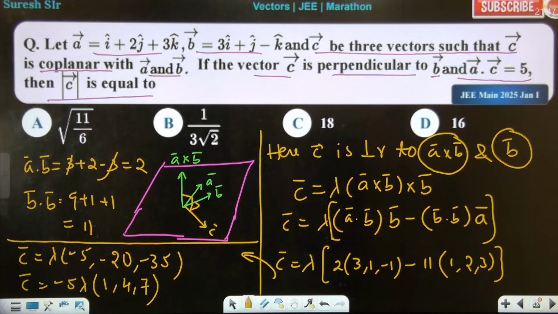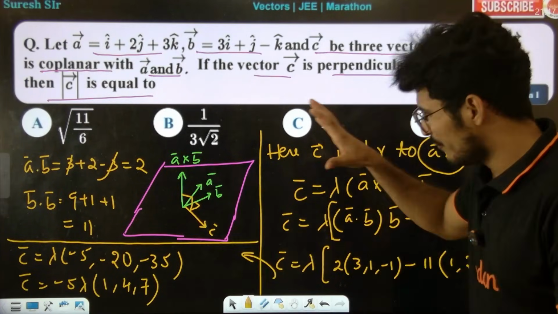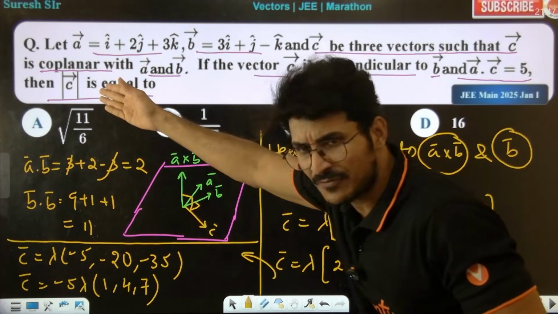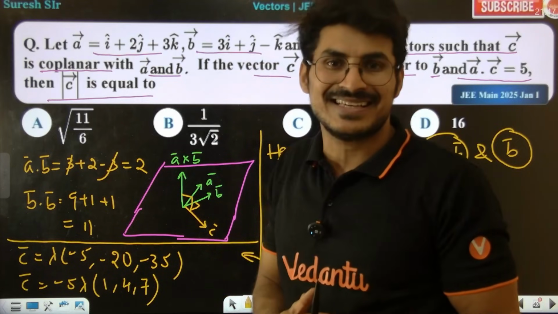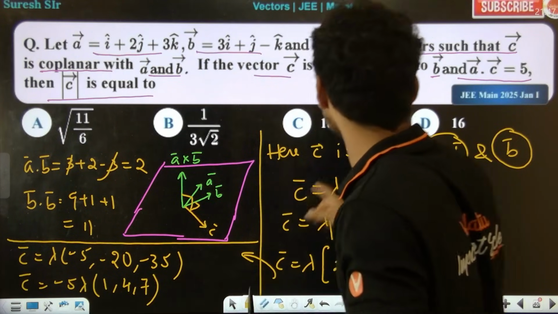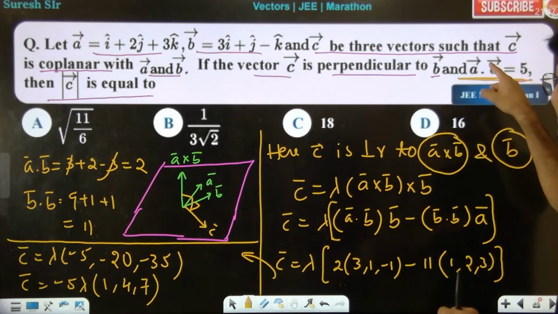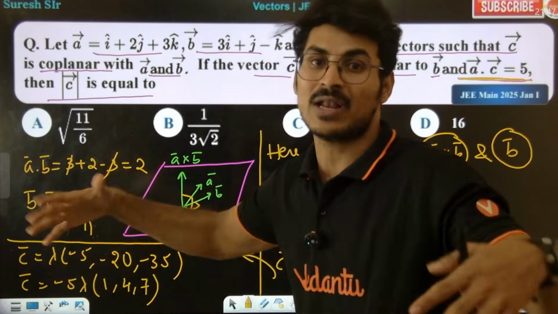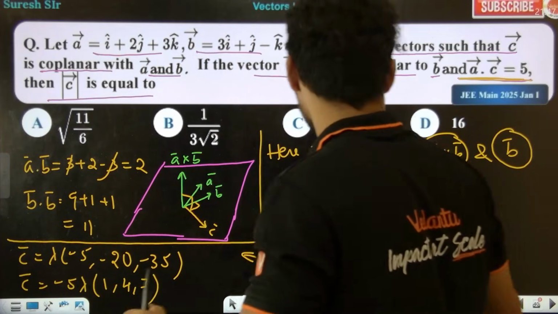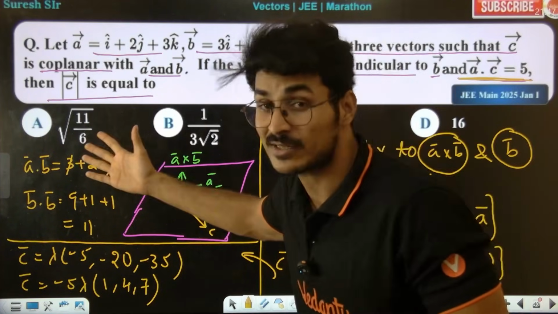We have to find the magnitude of C, but I don't know lambda. To find the value of lambda we have to use this condition. Once lambda comes, the question is finished, the answer is very easy. Chapter khatam means question khatam, not the chapter.